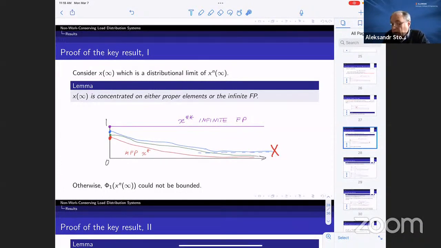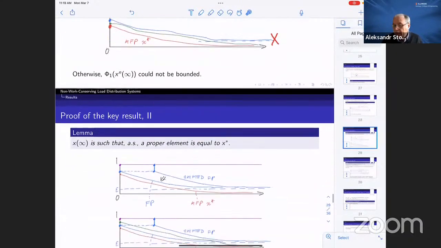Roughly, this is true because if this were happening with non-zero probability, you would not have tightness of particles. We have this property that the particles are supposed to stay together. This would be violated because, for example, with non-zero probability your 20th percentile will be here, and your 90th percentile will be somewhere far away. It cannot happen. So this is the first step.